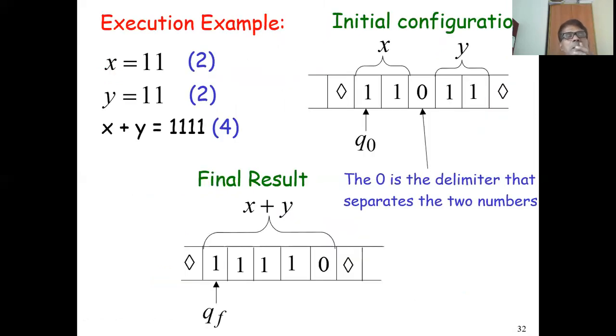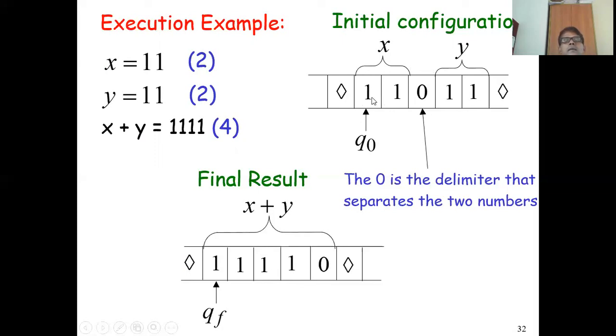So consider this example. We have x equal to 1, 1, which in decimal is 2. y is equal to 1, 1, which in decimal is 2. So in unary computation, x plus y gives 1, 1, 1, 1, which in decimal is 4. So how will this Turing machine perform this computation?